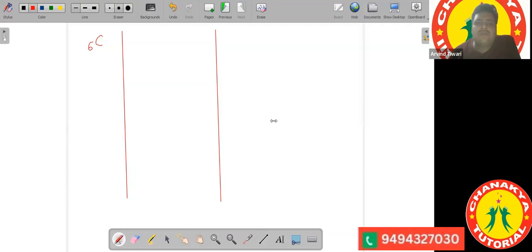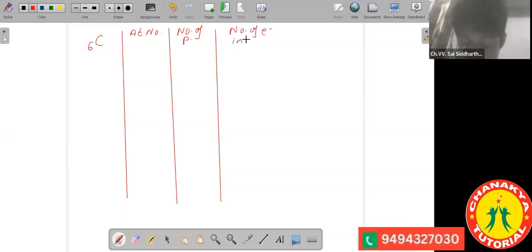Okay, I'm explaining here. If I write carbon 6, it means its atomic number, which is the same as the number of protons. It will also be the same as the number of electrons in a neutral atom.